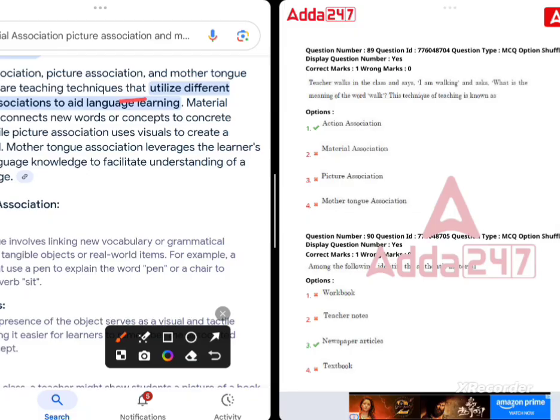Material association connects a new word or concept to a concrete object, while picture association uses visuals to create a memory aid. Mother tongue association leverages the learner's existing language knowledge to facilitate understanding of a new language.